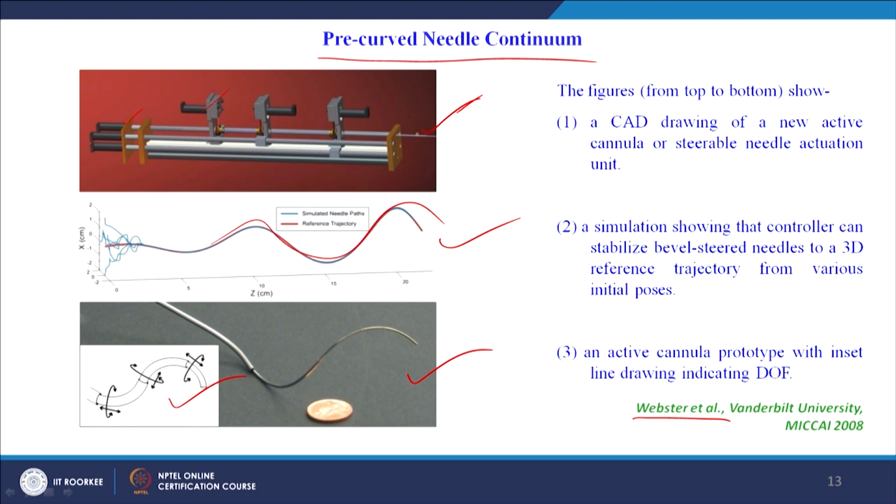Each tube is a super elastic material tube, so that once actuated, it will take shape accordingly. Because of that elastic property, we can make it conform to the desired shape or the reference trajectory given. That is why, if you start from any initial position, you can merge with the desired trajectory given.